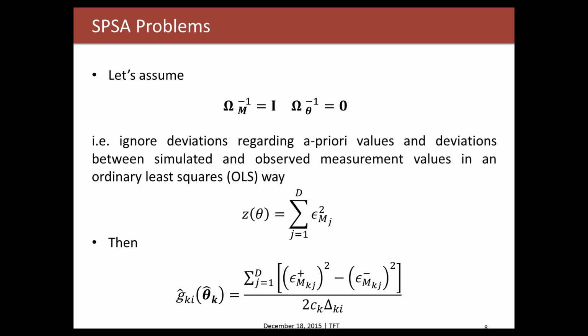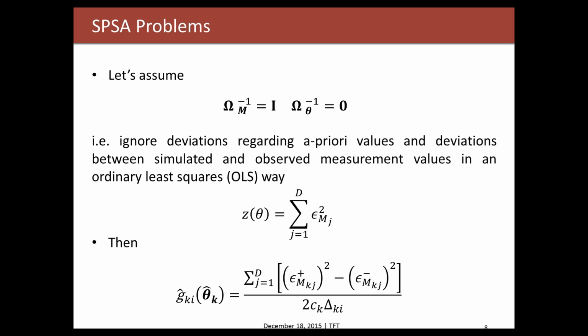So an example here is if we assume the variance covariance matrices from the previous slide, that for the measurements it's equal to the identity matrix, and for the a priori parameters it's 0. So we ignore the deviation, so we don't care about the deviations of the current value of the parameters and a priori values in our calibration.